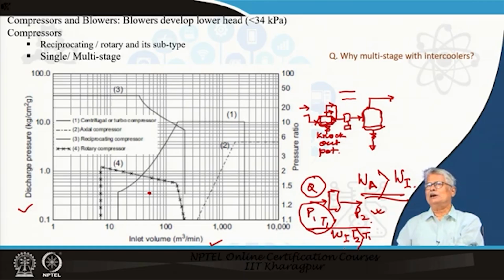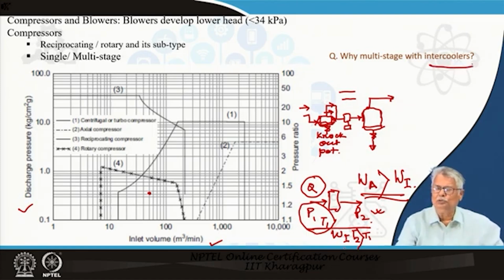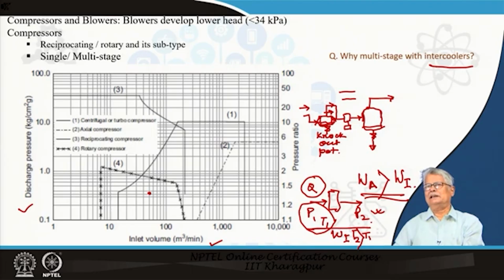So, if I can somehow reduce the temperature using an intercooler, mostly cooled either by air or by water flow, the temperature would come down. It helps us in two ways. Number one, the reduction in temperature reduces the volume that has to be received in the next stage.